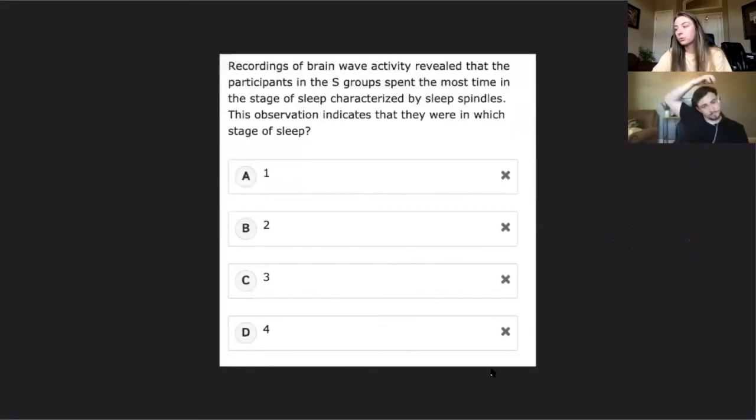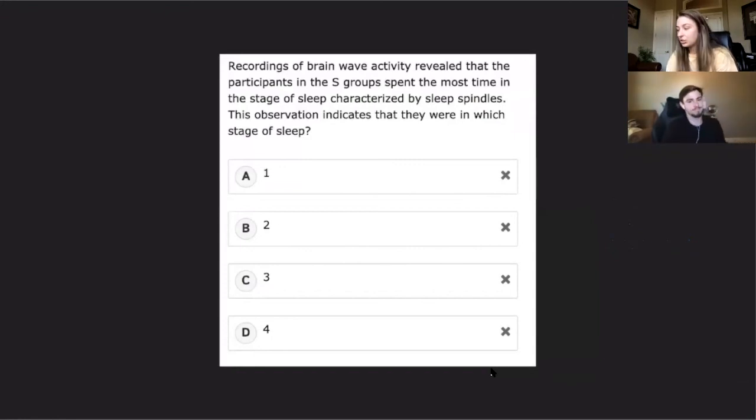Reportings of brainwave activity revealed that the participants in the S groups spent the most time in the stage of sleep characterized by sleep spindles. This observation indicates that they're in what stage of sleep? The simplification is probably going to be, what stage of sleep has sleep spindles?